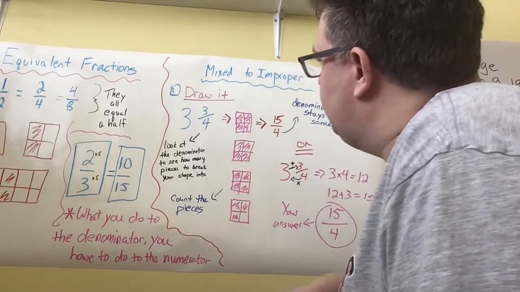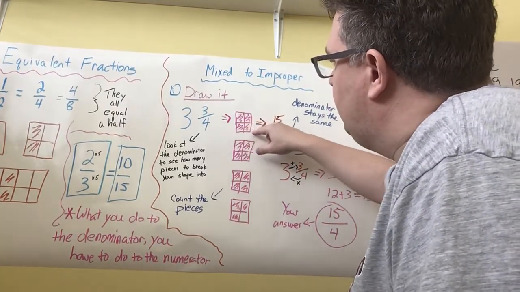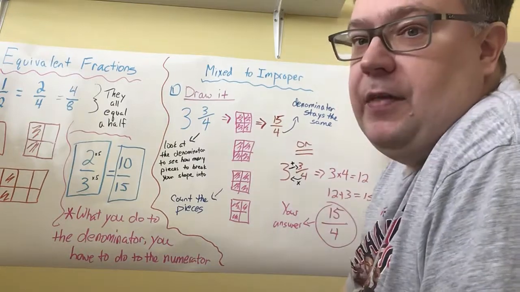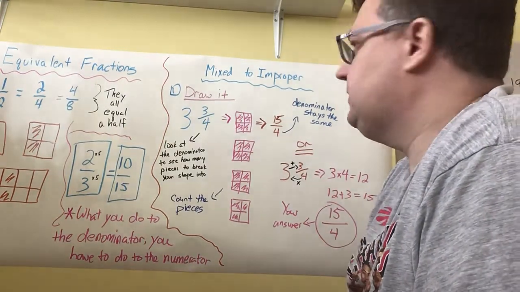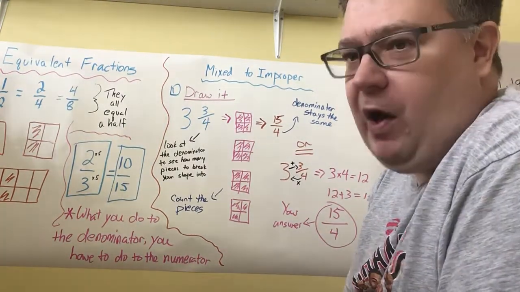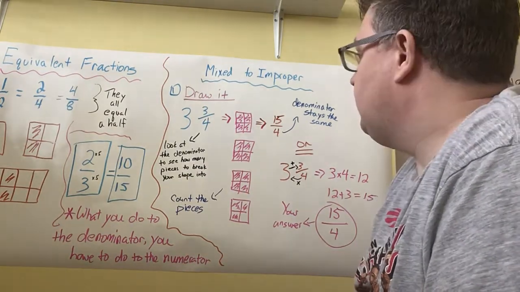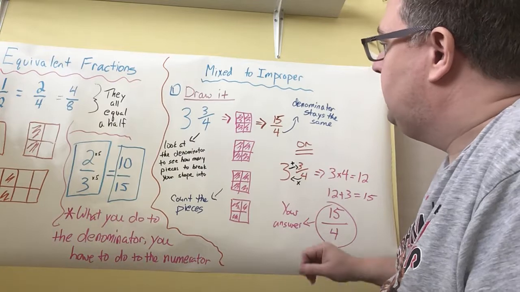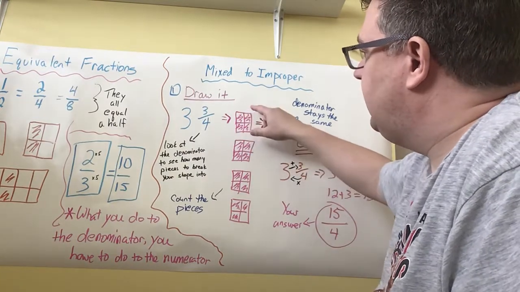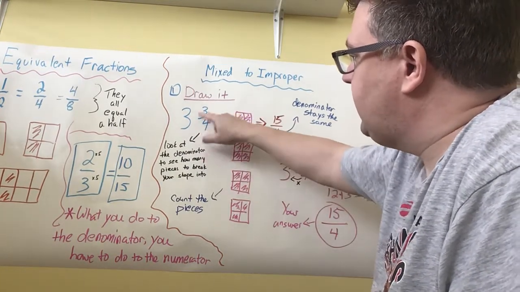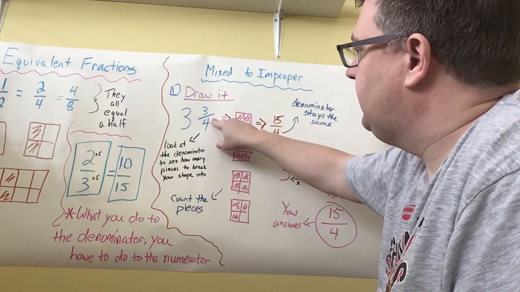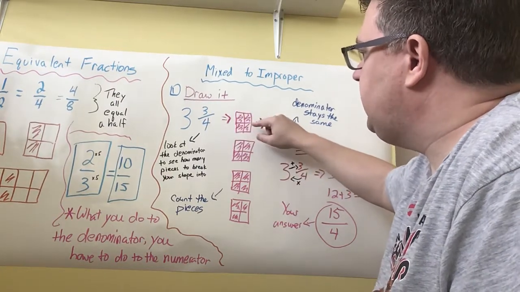And what you do, I start off, I drew one square, and again, the reason I do squares is I can divide them up a lot easier than a circle. So that's why I like doing squares. You make a box, and you divide it up into 4, because that's what the denominator tells us. And then I start shading in pieces.